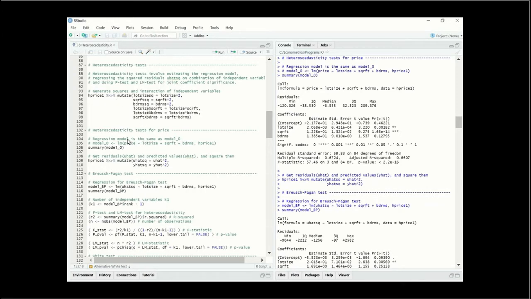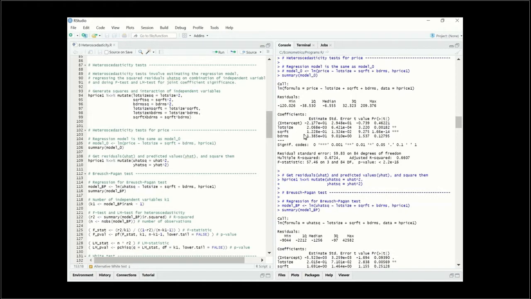So now the first model is to test for heteroscedasticity for price. Here we would have the same model as model 0. Just to remind you, that was the model of price regressed on lot size, square footage, and the number of bedrooms. And this will be the summary for this model.